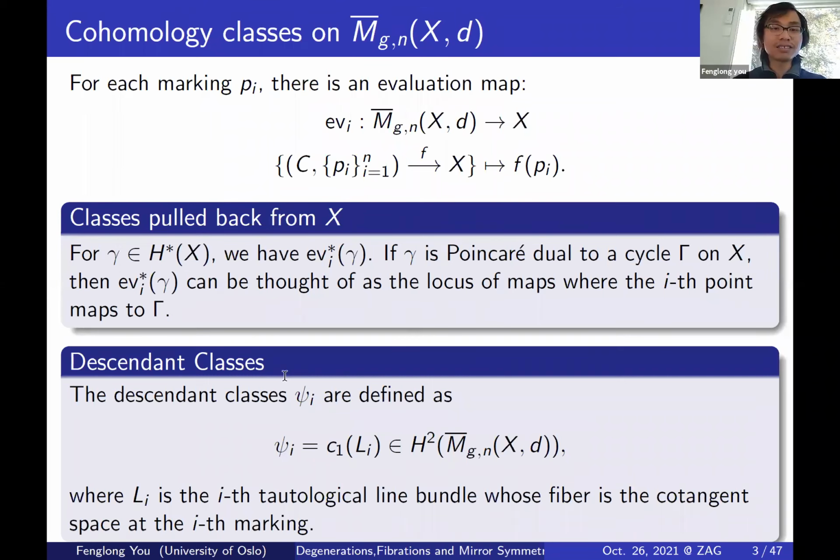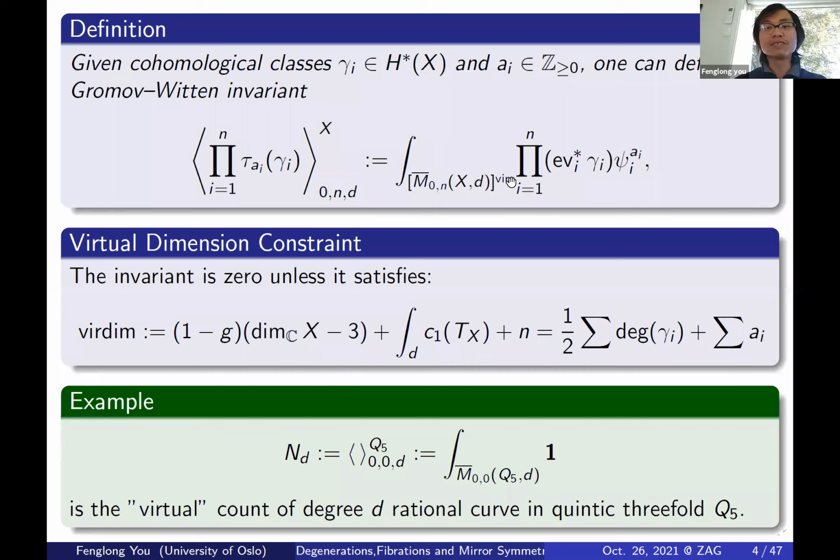There is another type of cohomology class on the moduli space called the descendant class, which is the first Chern class of a line bundle whose fiber is the cotangent space at the marking. So if we have n markings, we have n descendant classes. With these two kinds of cohomology classes, we can intersect them with the fundamental class of the moduli space to get a number, and that number is called a Gromov-Witten invariant.